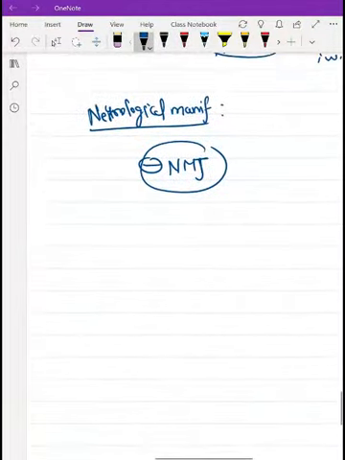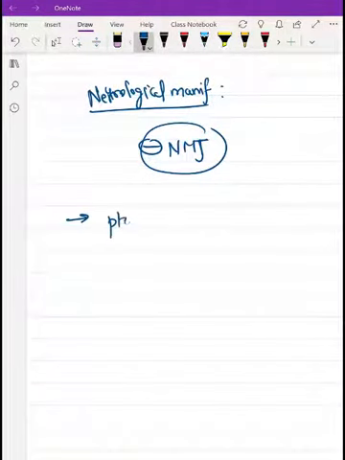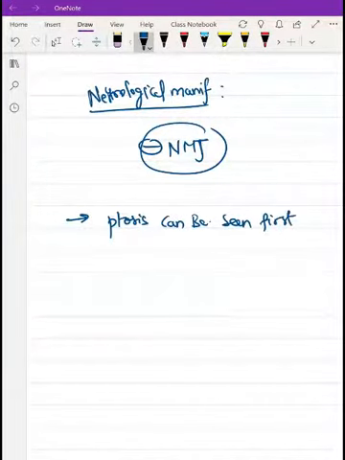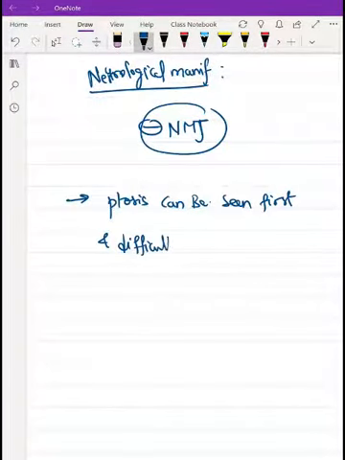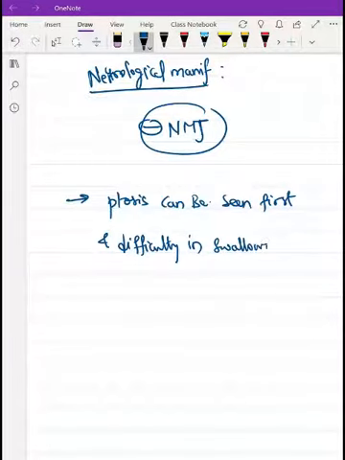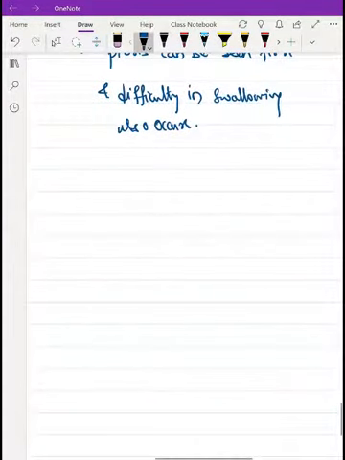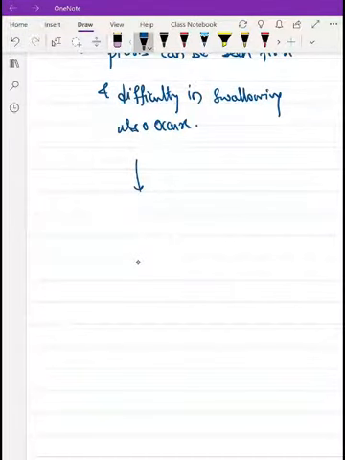When the envenomation is less, ptosis can be seen first, and difficulty in swallowing also occurs. Later, we can see motor muscle, peripheral muscle weakness.